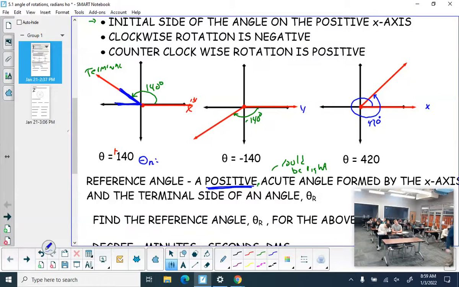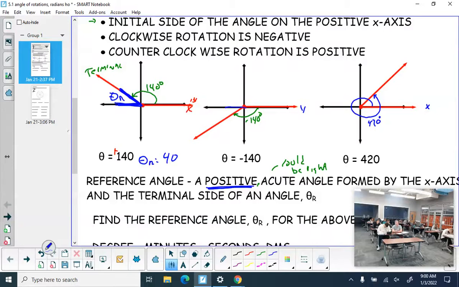So if I take a look at my terminal side and my x-axis, my rotation was 140 degrees. What's the measure of our reference angle? 40 degrees. Here's our theta reference. So our reference angle is 40 degrees.